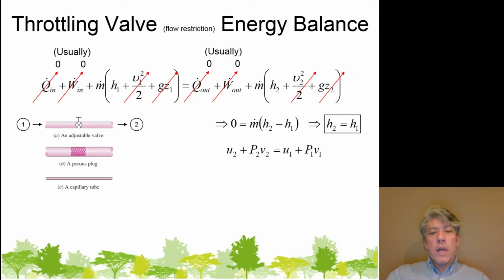Well, notice that it's not just the pressure in state 2, it's the pressure in state 2 times the specific volume in state 2, and it's the specific volume in state 2 that has increased drastically. Therefore, the flow energy in state 2 is much higher than the flow energy in state 1. So all these throttling valves do is trade off thermal energy and flow energy. As a matter of fact, they give up thermal energy to develop flow energy, the PV term.